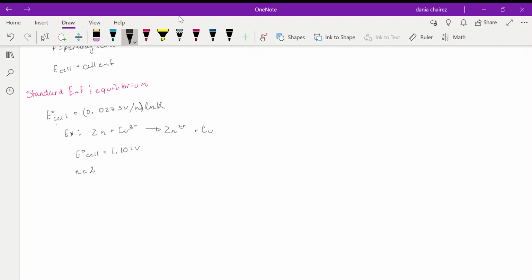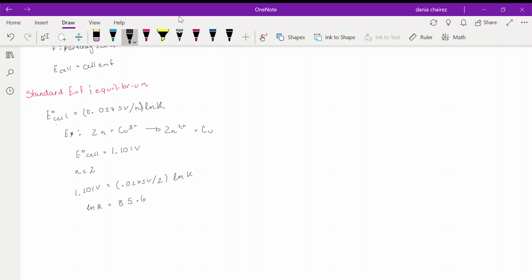So then we just plug in. We have 1.101 volts is equal to 0.0275 volts divided by 2, ln of K. So then we end up with ln of K is equal to 85.6 or something around those lines.